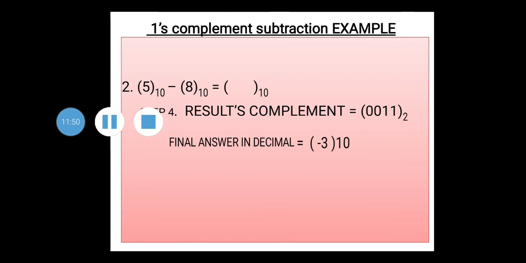So you can check here, the result is converted into ones complement form. So 0 0 1 1. And now convert this binary into a decimal number, that is 3, and you are going to add a minus sign there. So that becomes minus 3. And this is the final answer of ones complement subtraction.